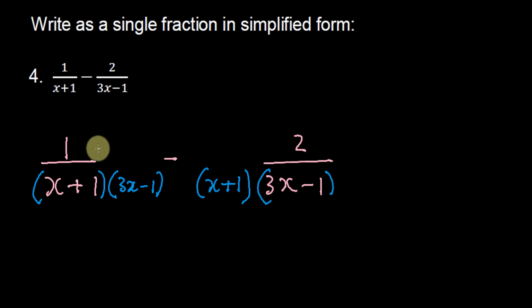We must also multiply the numerators with whatever we are multiplying the denominators by. So the 1 here, we're going to multiply by 3x minus 1 as well. And a 2 here by x plus 1 as well. Now the denominators are the same in both fractions. And we can write it all over one denominator.